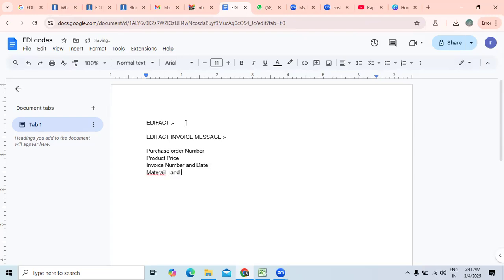Followed by material and/or production release. Next, product or service identifiers.